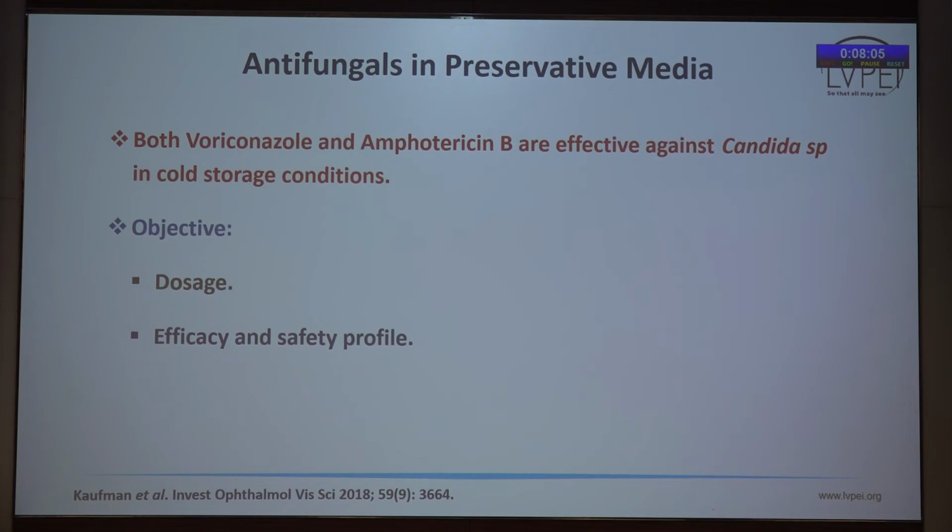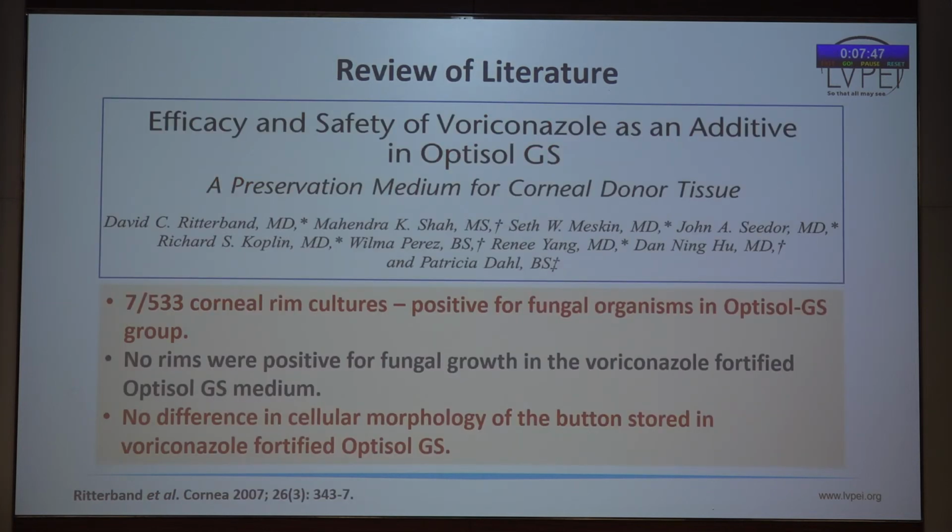Maybe one has been tried for efficacy, but the dosage has also to be decided. I feel one issue is cost, and when to put it in and how long it is stable. And what is the dosage and efficacy?